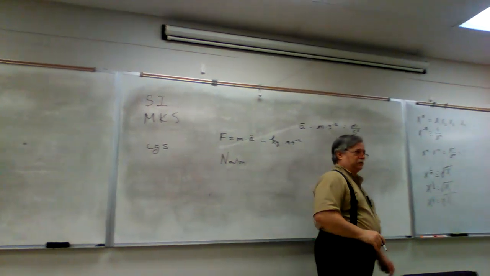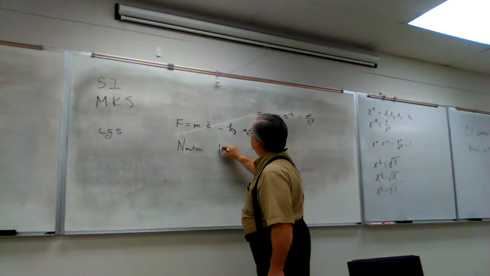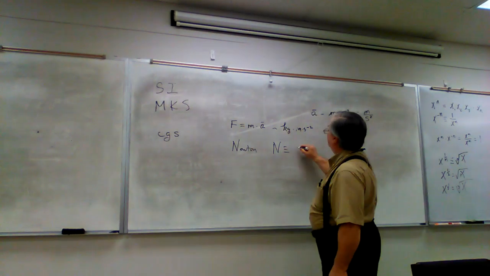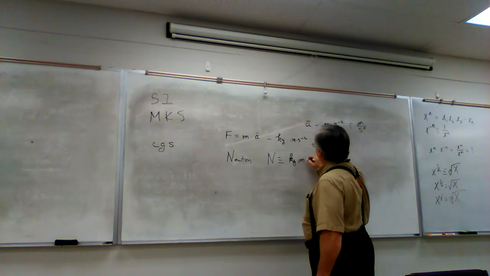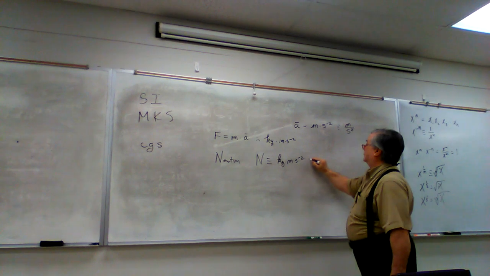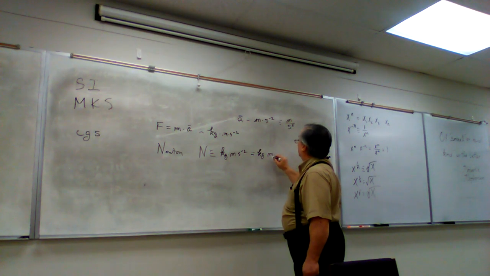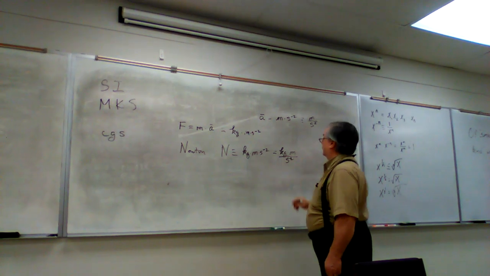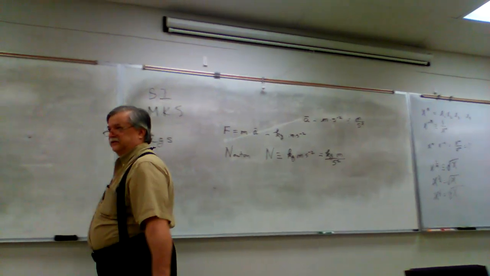Newtons are units of force. So a Newton, by definition, is a kilogram meter per second squared. Or you could write it as kilogram meter per second squared with the negative exponent. Either way you write it, it means the same thing.